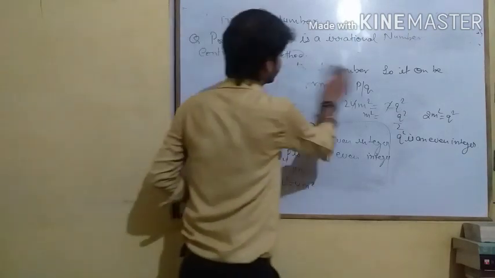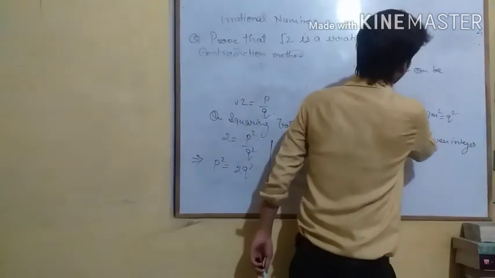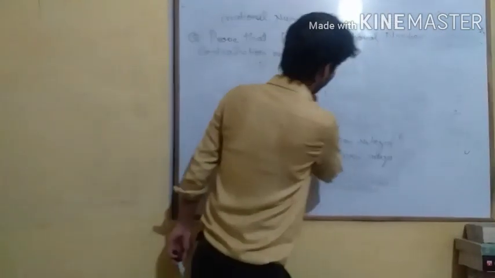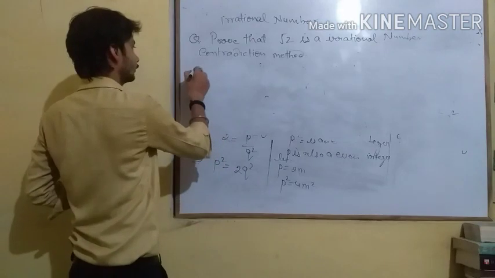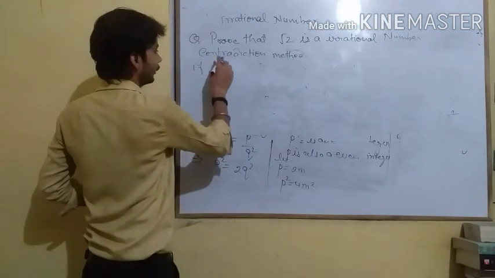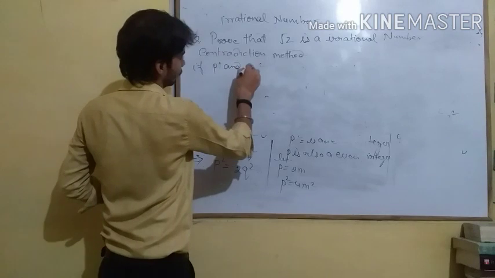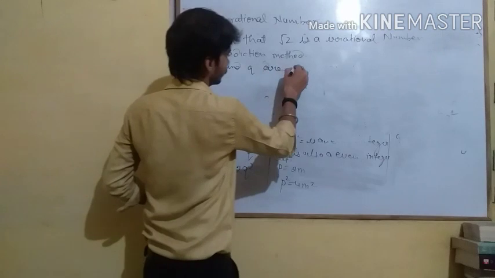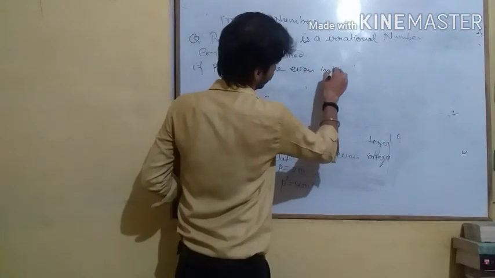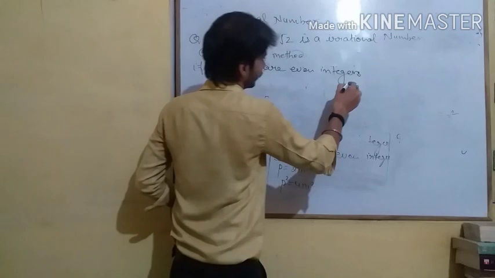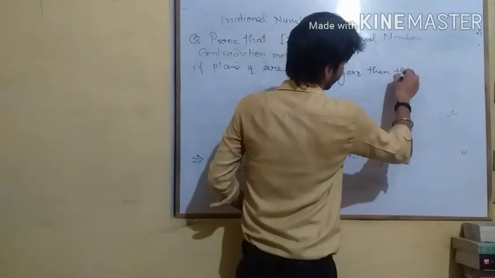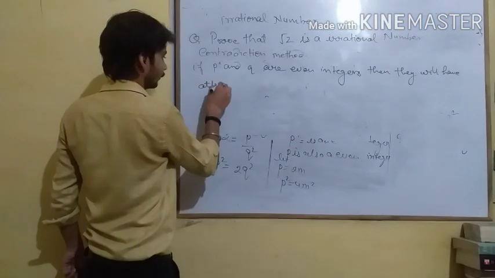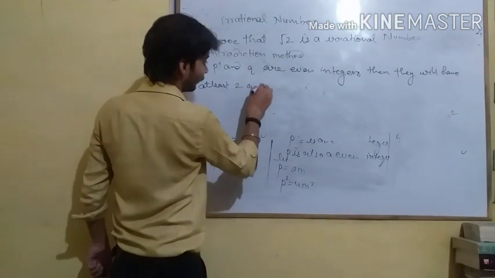We will write here, if p and q are even integers, then they will have 2 as a common factor.